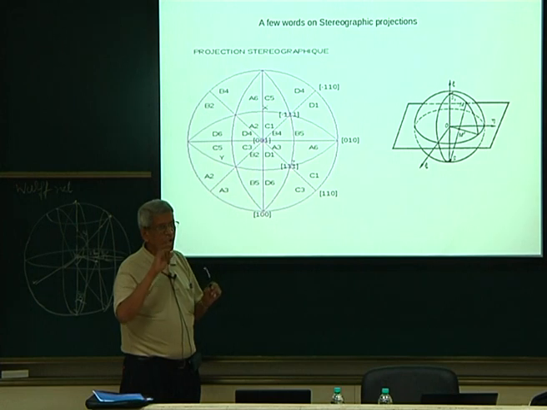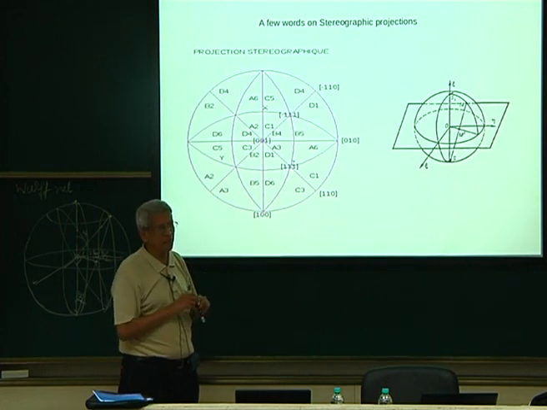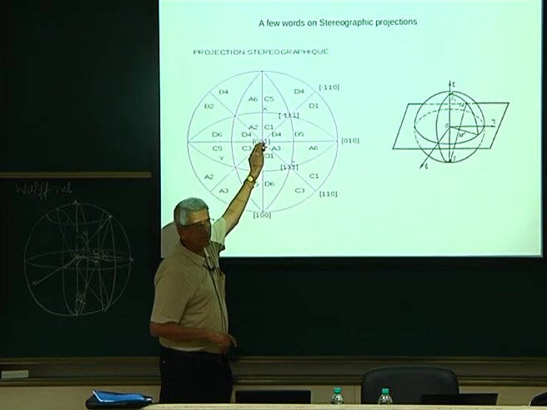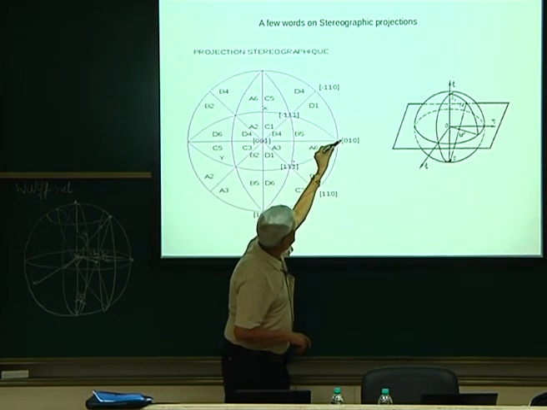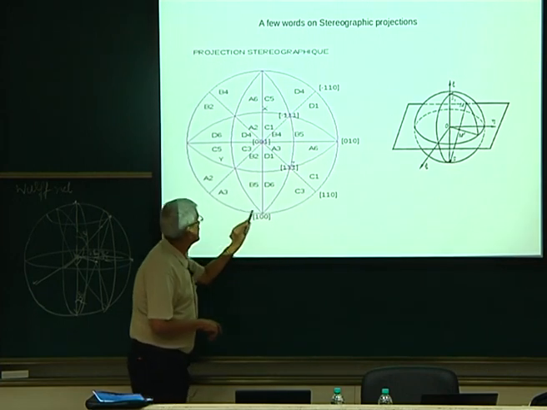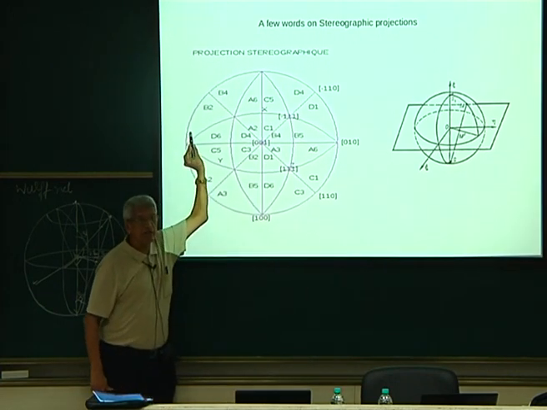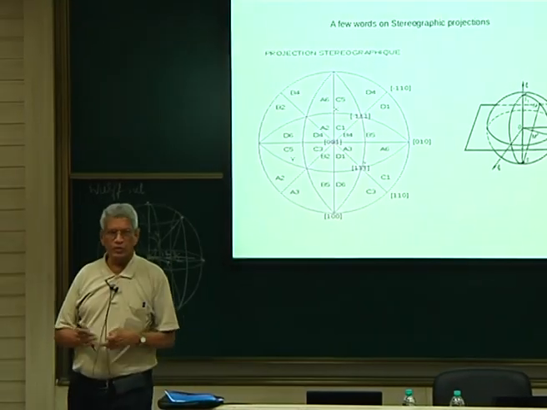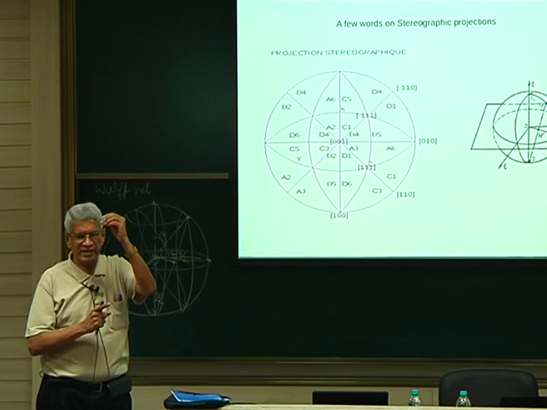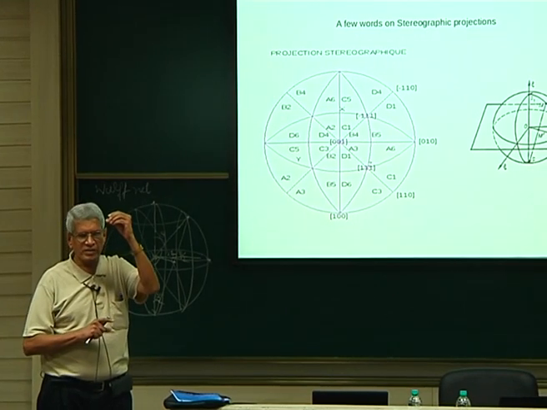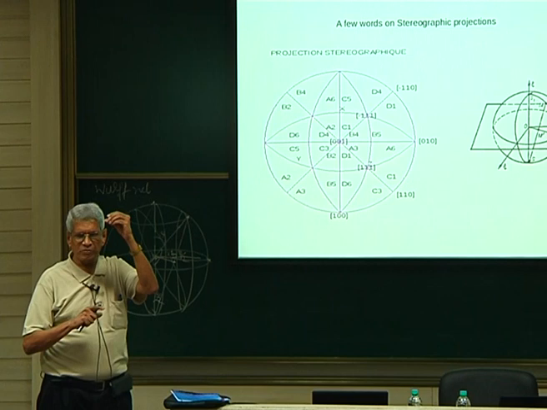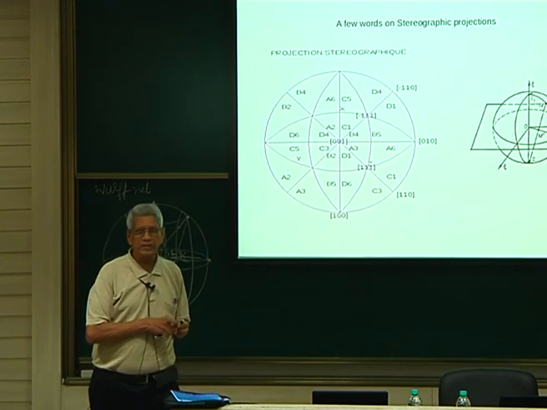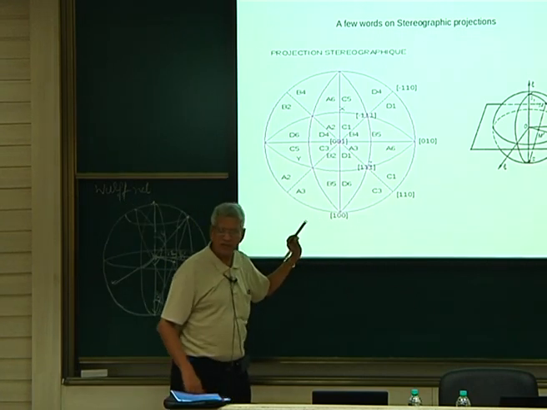Suppose I wanted to index a crystal diffraction pattern, like if the orientation of the beam is along 0 0 1, all the poles which are lying on this great circle, which is called the primitive circle, are all 90 degrees away from it. And we know that once a zone axis is defined, all the diffraction spots, if you take the dot product with respect to the beam direction, it's going to be 90 degrees. So using this, we can immediately index the diffraction pattern.